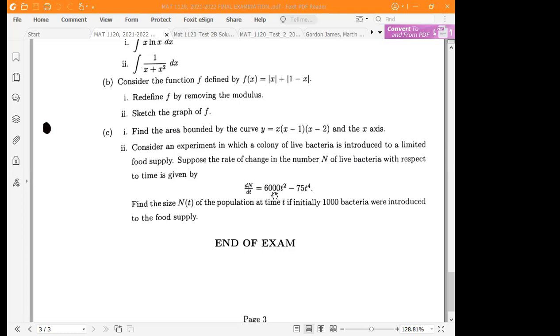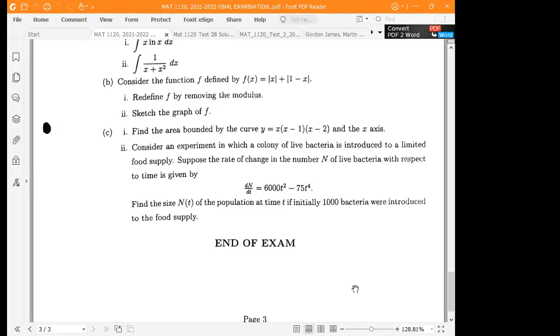After we integrate, there will be a number c that we add to the integral. And then we use the given 1,000 there. So let's see what we're talking about.